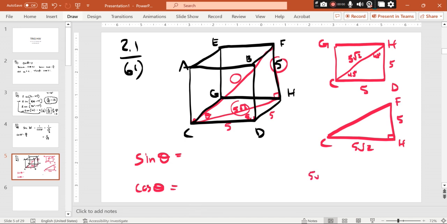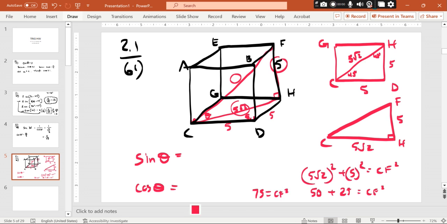So Pythagorean theorem it is. 5 root 2 squared plus 5 squared gives CF squared. So 50 plus 25 gets me 75. Anybody with a square root of 75? It would be 25 times 3, right? So CF is 5 root 3.